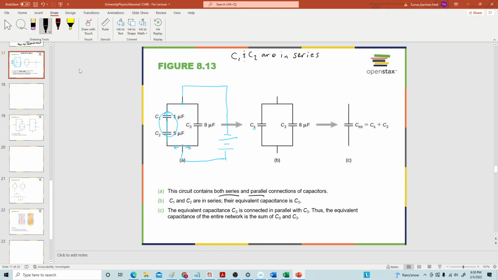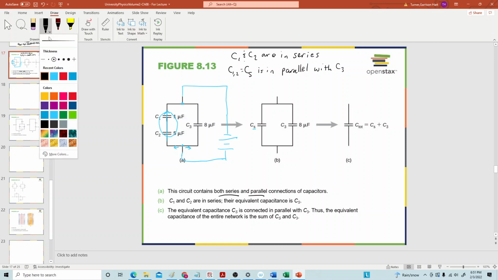And that combination is in parallel with C3. So if we want to find what the equivalent capacitance is here, we actually have to do all of the calculations explicitly.